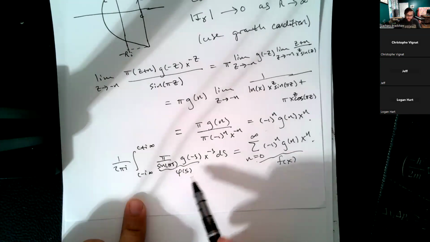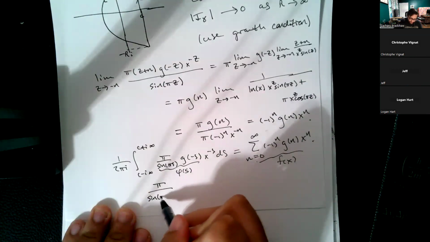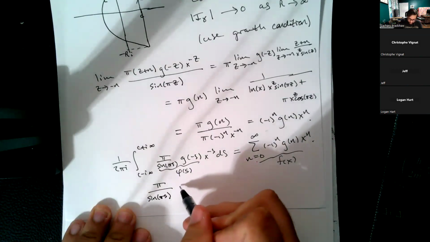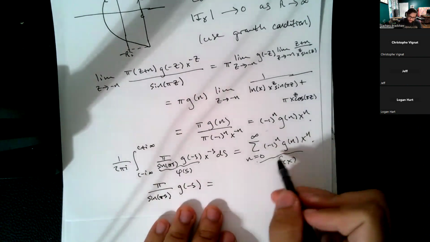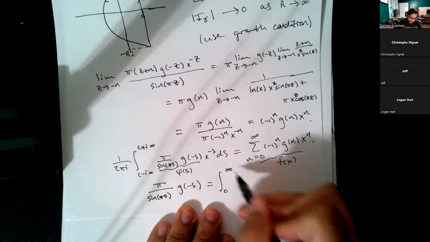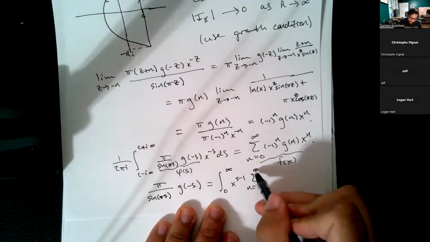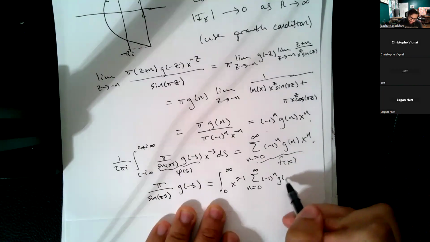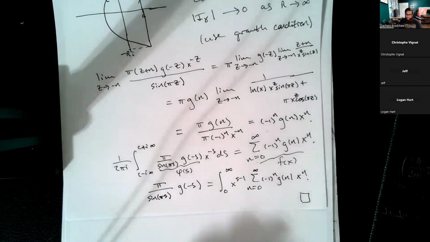So that just becomes phi itself. And then over here, I take the Mellin transform, and that's the integral from 0 to infinity, x to the s minus 1, sum from n equals 0 to infinity, minus 1 to the n, g of n, x to the n. And then I'm done.